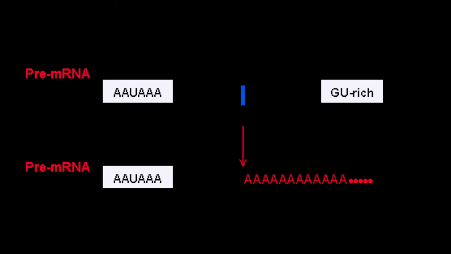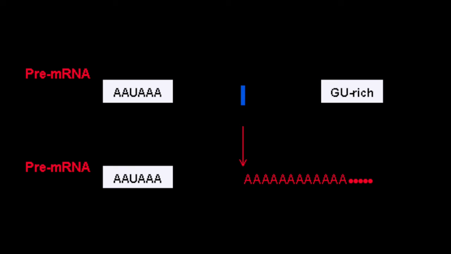After the synthesis of the sequence elements, several multi-subunit proteins, CPSF, CF1, and CSTF, are recruited from RNA polymerase II. The 3 factors bind to the sequence elements. This complex cleaves the RNA between the polyadenylation sequence and the GU sequence.